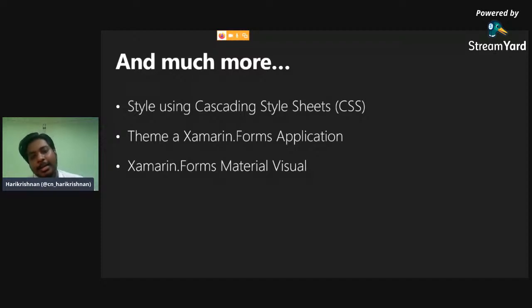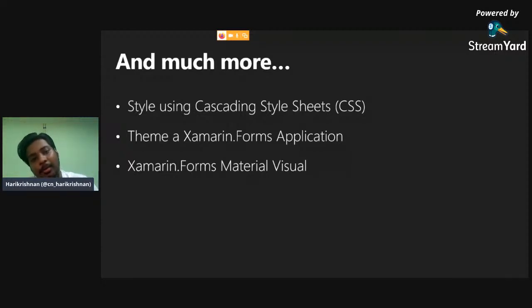Another feature in Xamarin.Forms is the Material Visual. There are cases where you would expect your applications to look similar on all platforms. You don't want them to appear just like native. You want your application to be the same everywhere, irrespective of the platform.